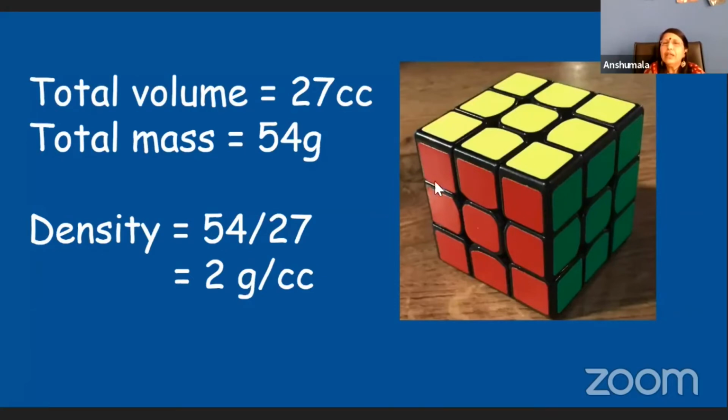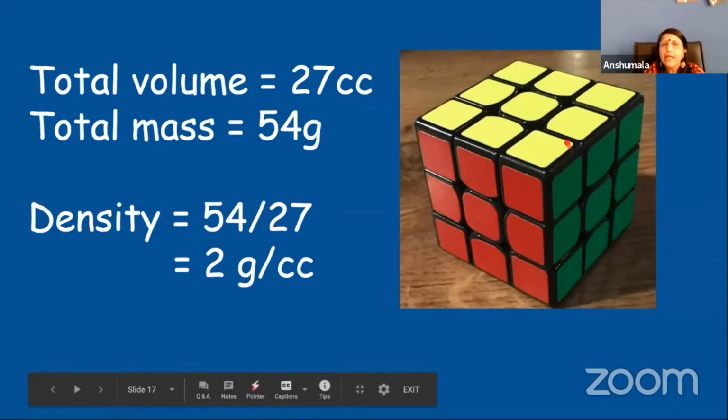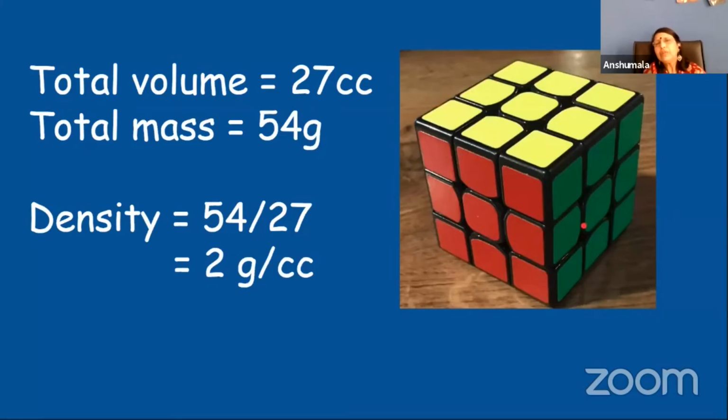So the total volume here would be, if you imagine each small one to be a unit volume, suppose you say this is 1 centimeter cube, 1 cc, then we have 27 of them, like 3 by 3 by 3. Or rather, on the top layer there are 9, then a layer below again having 9, a layer below having 9. So 27 of these small unit volumes.